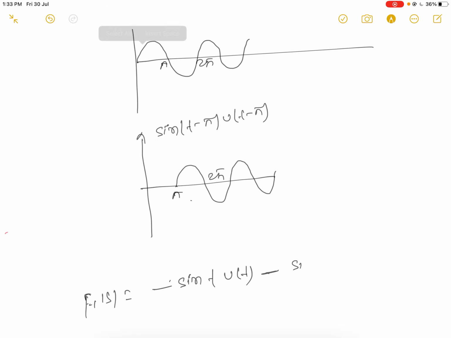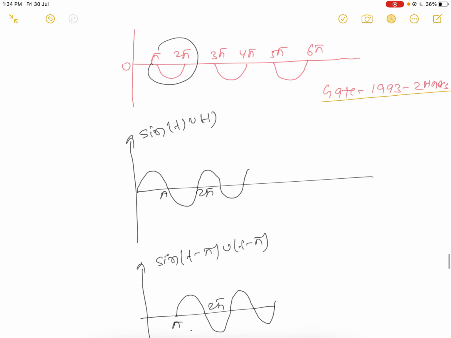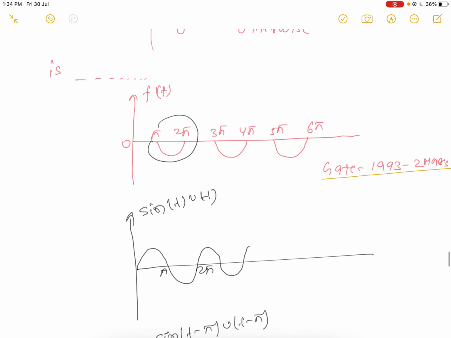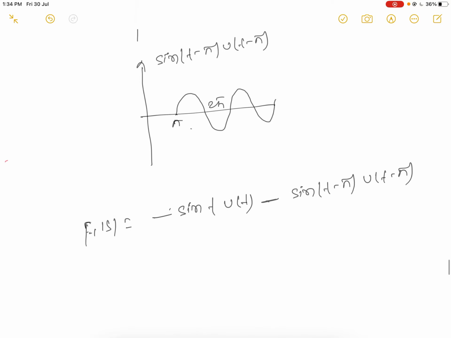Then it becomes sin(t minus pi) u(t minus pi), which is considered a gate function, first one, and multiply with 1 upon 1 minus e to the power minus Ts.